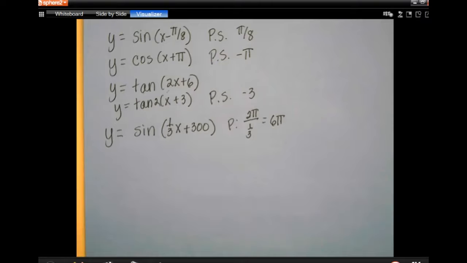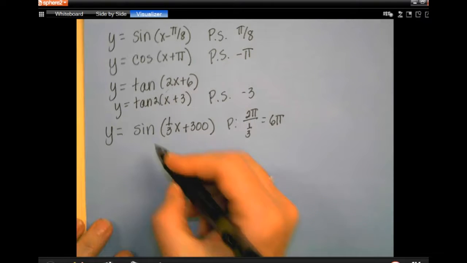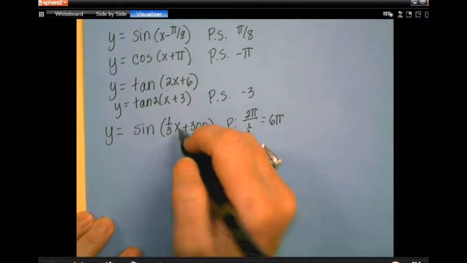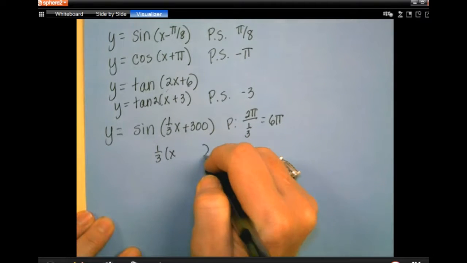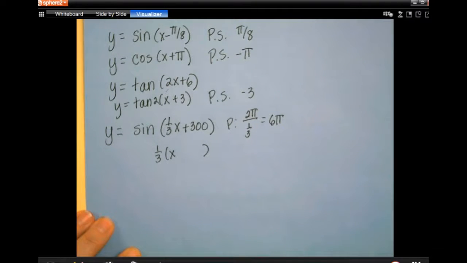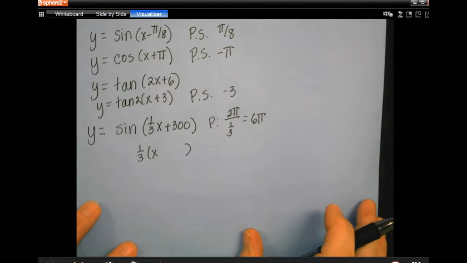So now I have to find the phase shift. And so I have to divide out my 1/3. Okay, some of you, like Cardarius, already said the answer, and that was great. But some of you, the 1/3 freaks you out every time, so watch.